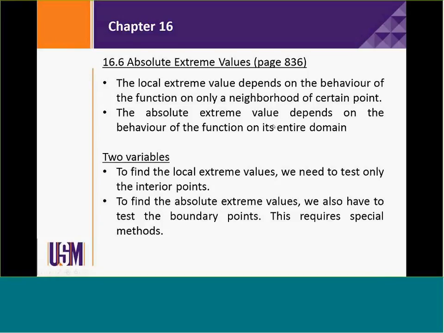Then you need to determine the extreme value at the boundary. Because for absolute maximum or minimum, not only do we look at local maximum and local minimum, but also the value at the boundary.